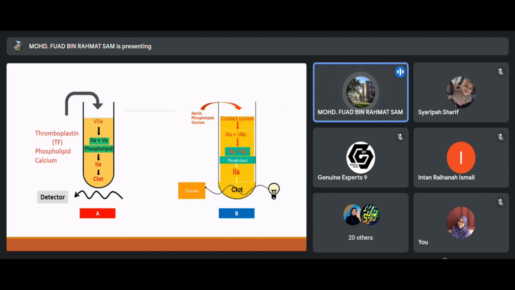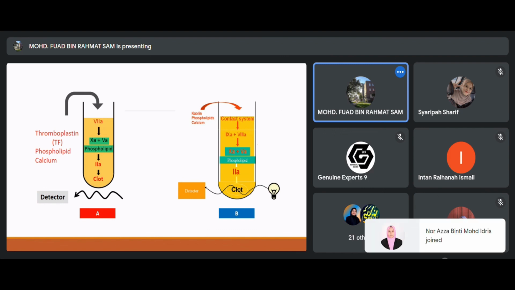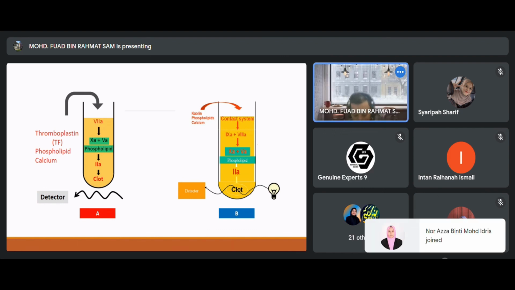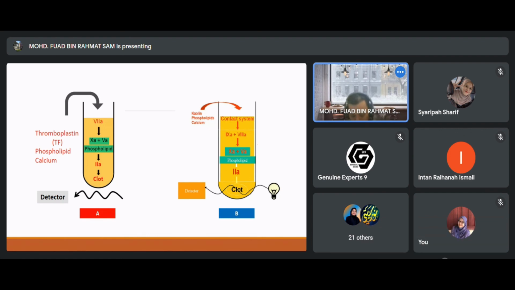Okay, so cuba tengok, try to identify apa hint yang ada on these figures, and these figures represent to measure what in A and in B. Bila saya dapatkan jawapan atau respon daripada Wan Nur Syahidah.